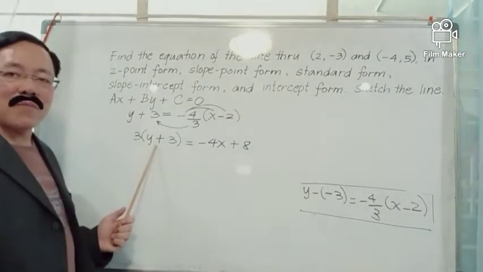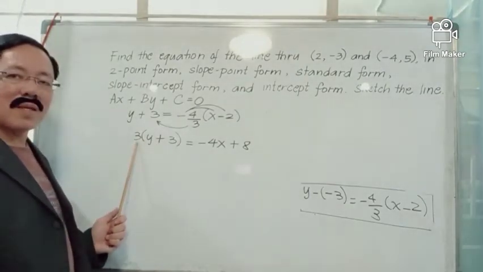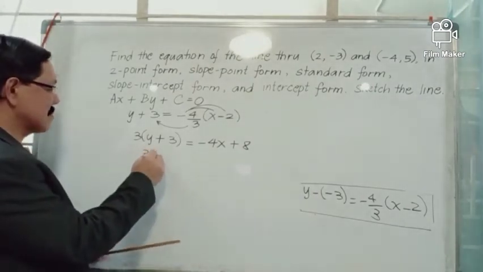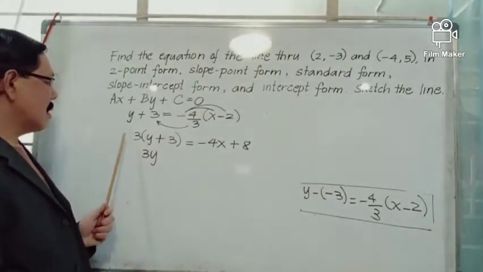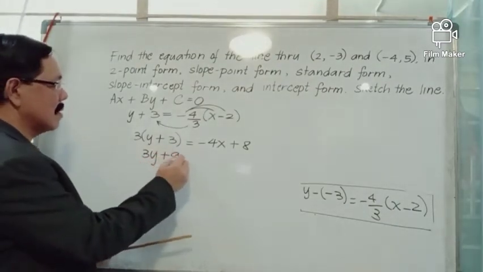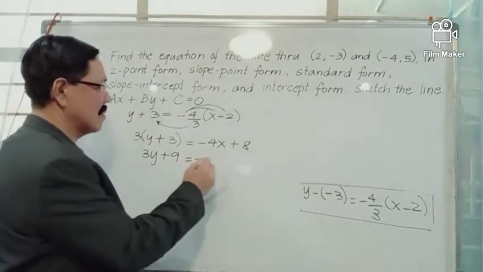Again, we have to remove the grouping symbols. We multiply each term by positive 3. We have 3 multiplied by y is 3y, and 3 by 3 is positive 9, equals -4x plus 8.